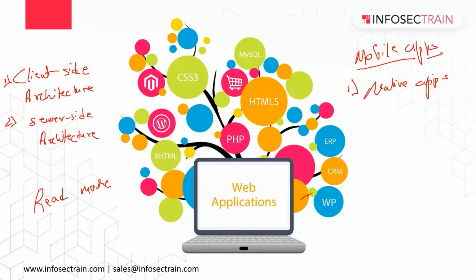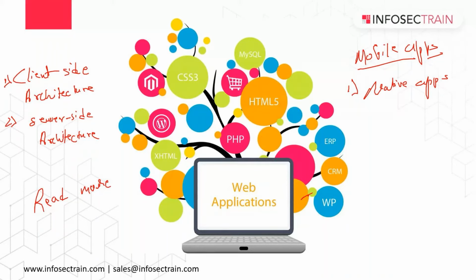Native applications means these are the software applications which are developed for a specific platform or a device. Apps for Android are made differently, apps for iOS are made differently, right? They are built in a particular programming language for that purpose. So they are typically acquired by users through app stores or installed directly onto the devices, right?